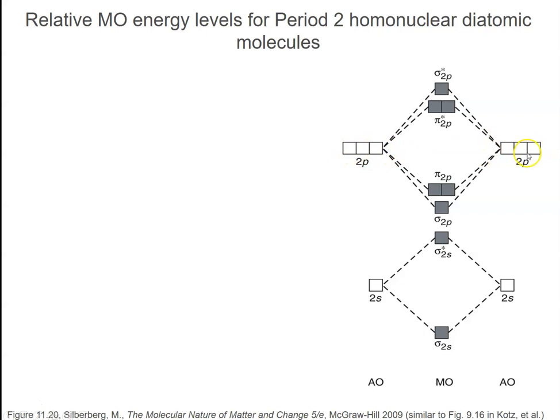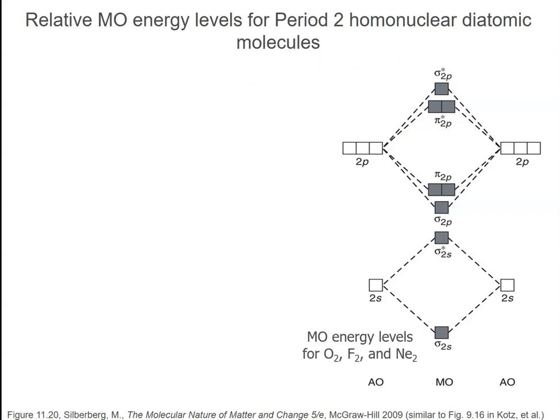We have 3 here and 3 here. So if we're going to mix 6, we're going to get 6: 1, 2, 3, 4, 5, 6. So we have the sigma 2p and the pi 2p, and then we have pi star 2p and the sigma star 2p. This is listed in order of energies, with the bonding molecular orbitals being lower in energy and the antibonding molecular orbitals being higher in energy.